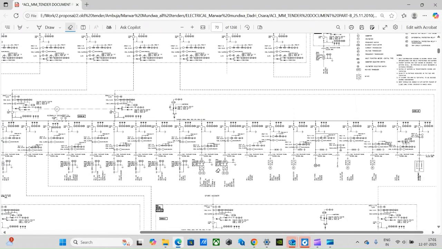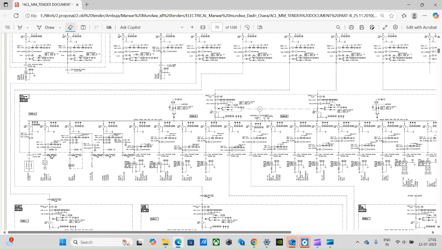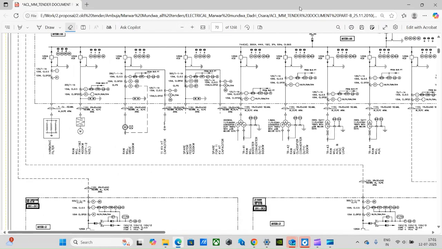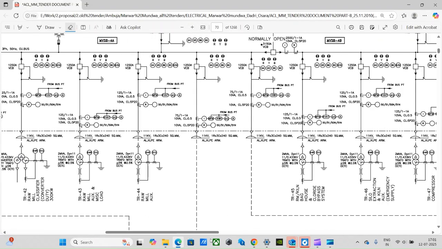From the 11 kV board, some feeders which are already at 11 kV are directly fed, and some feeders which are not at 11 kV are fed through a transformer and then bus duct, and after that there will be further distribution.